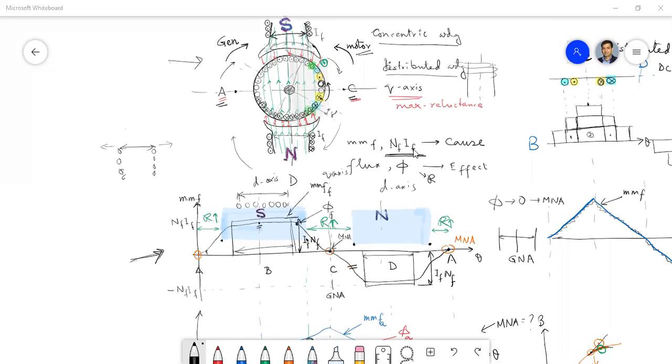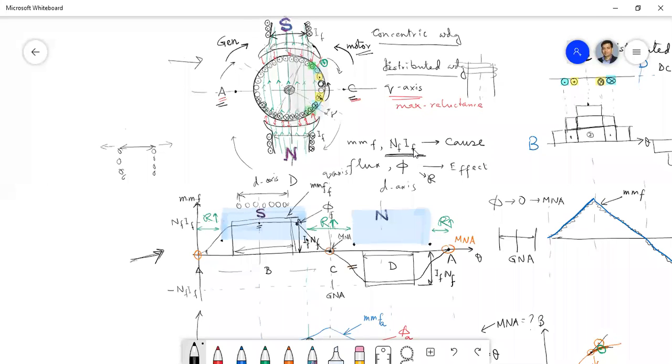Okay, so you see here, when the armature moves in this direction, which will be faced first? Here we have drawn A to B, B to C, C to D, isn't it? But the armature is rotating in the opposite direction.